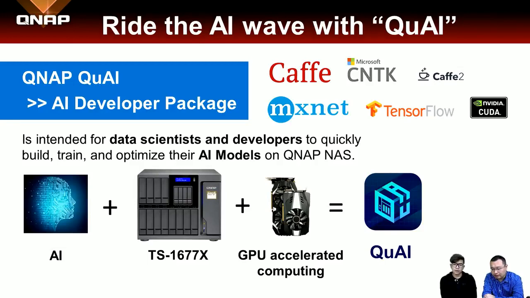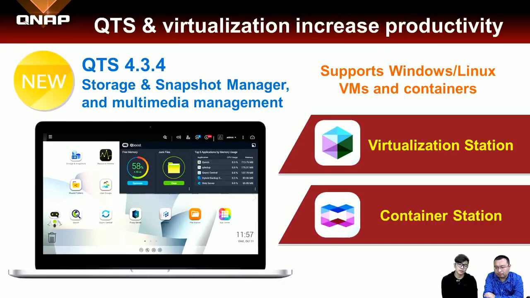Okay. So when we're talking about this new 1677X series, of course we have some upgrades to our QTS. Let's see what the 1677 with the new QTS and a good GPU card can do for Virtualization Station and Container Station. Sure.